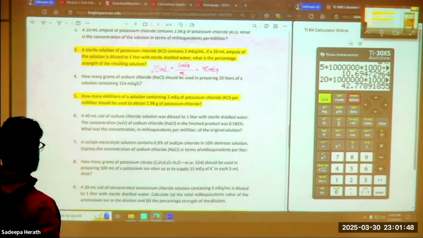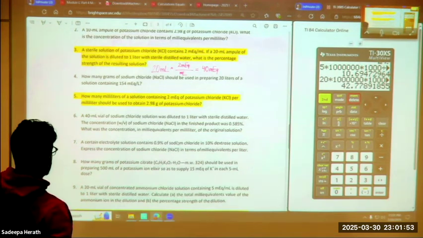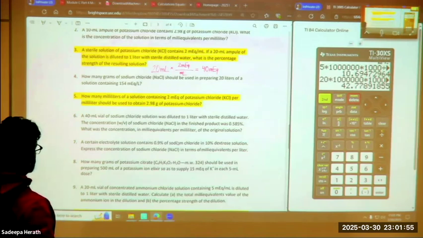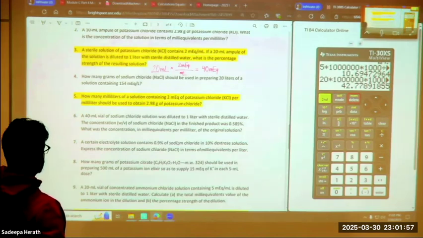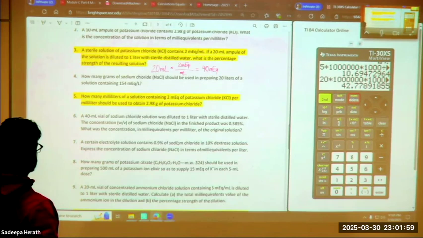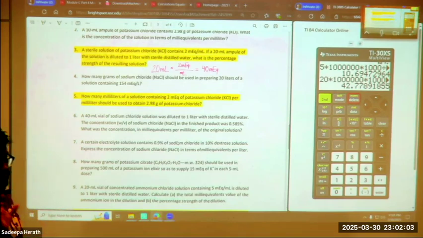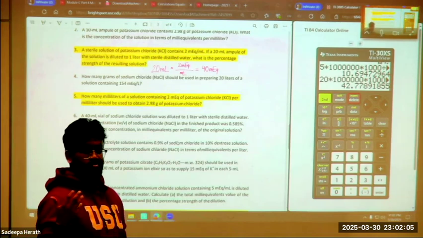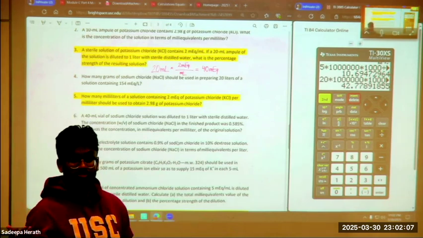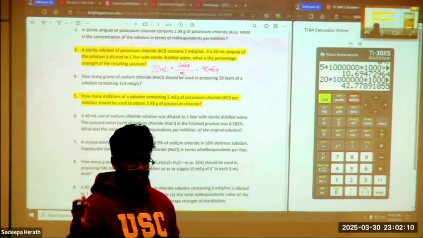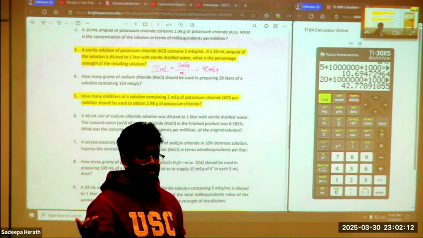Now, that solution was diluted into 1 liter. We need to find the percentage strength of the resulting solution. Percentage strength is the percent that we see in topical solutions, suspensions and such. That percent is grams per 100 milliliters, those are the units for that.